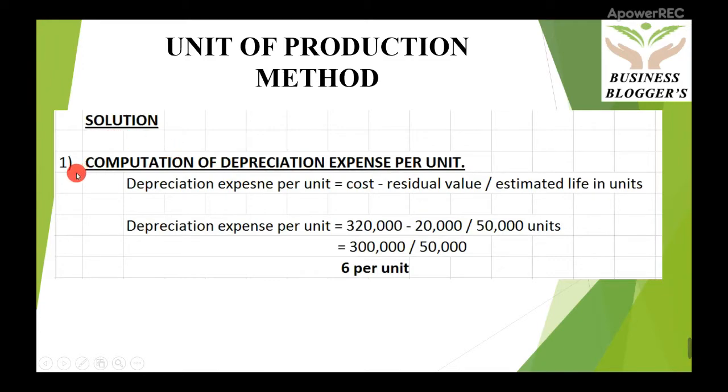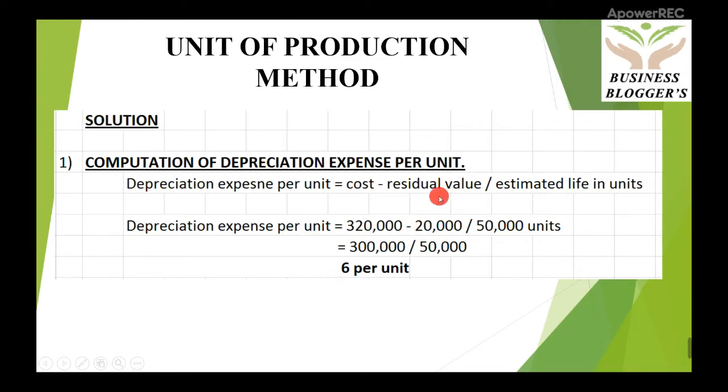First of all, we solve the first requirement, which is the computation of depreciation expense per unit. We know very well the unit of production method formula is depreciation expense per unit equals cost minus residual value divided by estimated life in units.